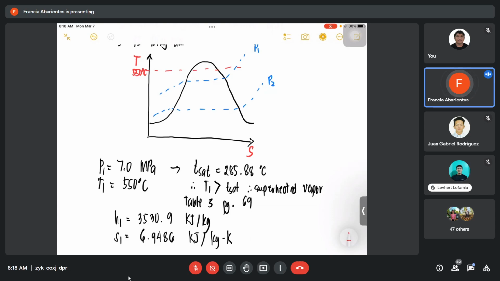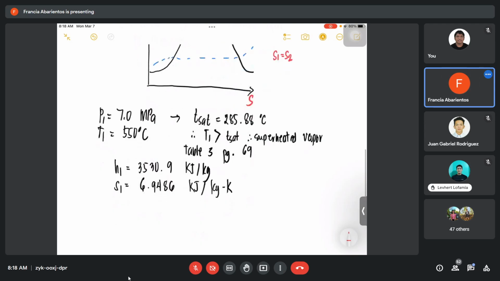Since superheated na si point 1 natin, ayan, pakita ko na. Most likely, ganito yung lalabas natin. Okay. Pangit ng drawing ko. Ayan. So, 550. So this is now your point 1. But we all know that in point 1 to point 2, that is isentropic expansion.